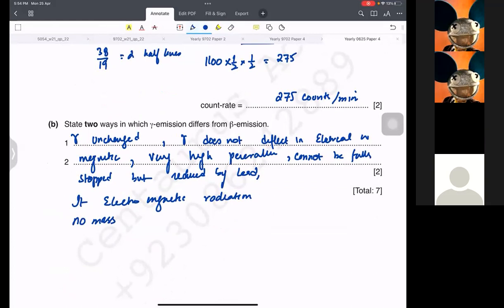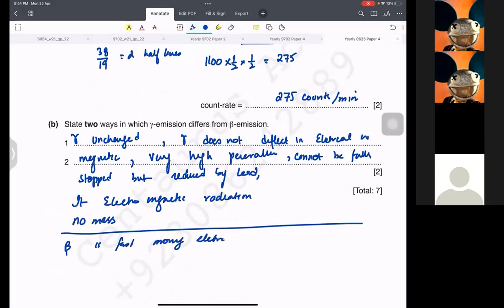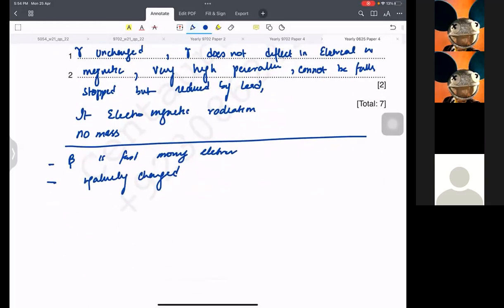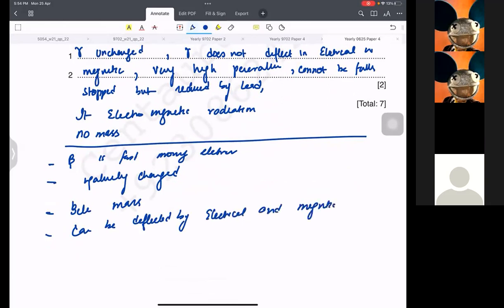For beta, it says two ways in which gamma differs from beta. You can even write that beta is fast moving electron. Beta is negatively charged. Beta has mass, can be deflected by electrical and magnetic field.